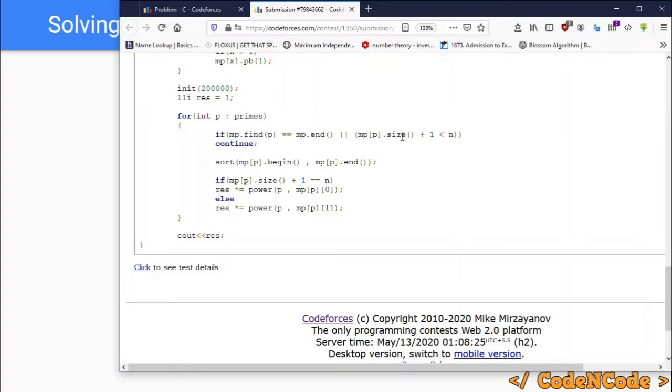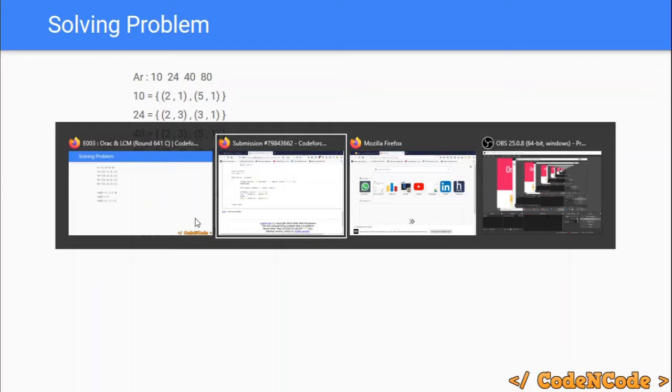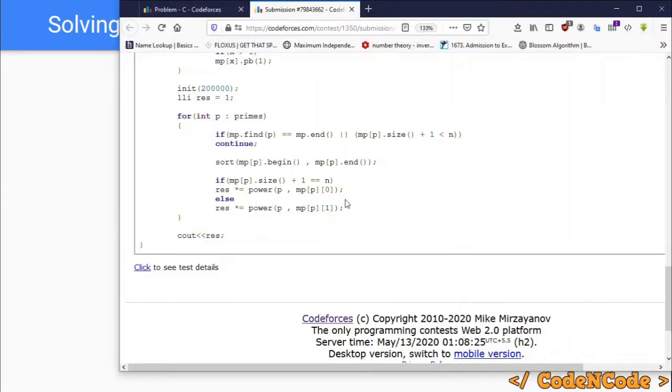Otherwise, if the vector size plus 1, like for 3 we see vector size plus 1 is 2, which is strictly smaller than n, which means it is present n minus 2 times or fewer, right? If that happens, we are continuing for the next iteration, which means this prime is not present in our answer, because this prime is appearing in n minus 2 or fewer numbers, and we have seen already, if that happens, this prime cannot be present in the answer.